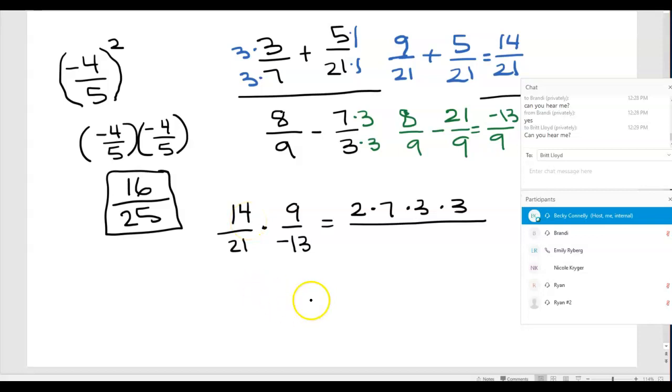So at this point, this is where you can start doing that. So 3 times 7 is 21, and then negative 13 is prime.